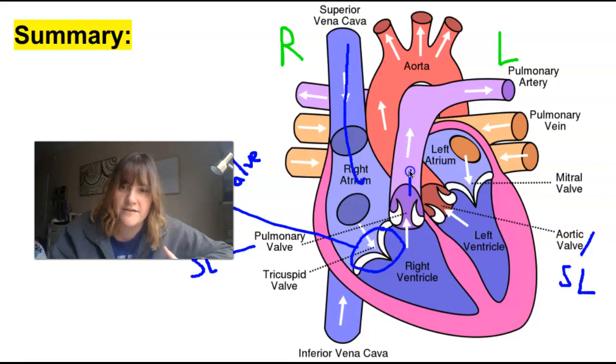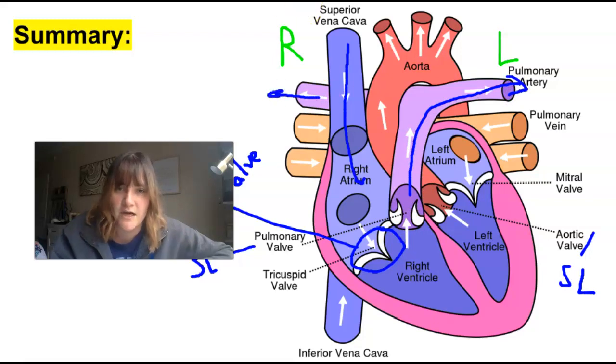And then this obviously is the pulmonary artery, which is going to send all of that blood to the lungs, which is blue because it's deoxygenated. I changed to red because then we have the pulmonary vein, which is going to bring the oxygenated blood back to the left atrium.